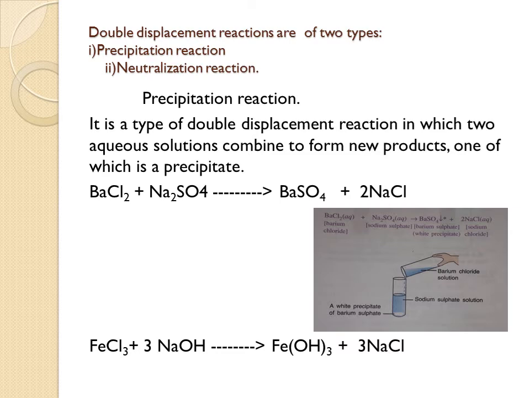When it is dissolved in water, we get ferric chloride solution. That solution, when mixed with the sodium hydroxide solution, what do we observe? We observe a reddish brown precipitate of ferric hydroxide. This is an example of a precipitation reaction.